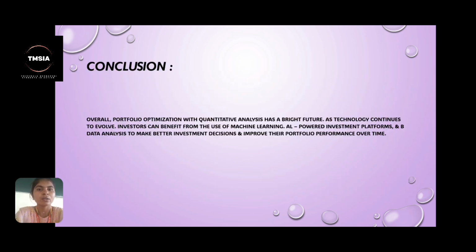Then we know the conclusion. Overall, portfolio optimization with quantitative analysis has a bright future. As technology continues to evolve, investors can benefit from the use of machine learning, artificial intelligence powered investment platforms and data analysis to make better investment decisions and improve their portfolio performance over time.